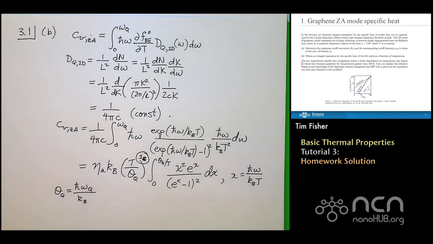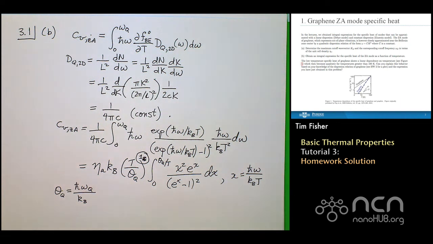But then as temperature increases, the linear modes, those are the longitudinal acoustic and the transverse acoustic modes, become populated, and so then we get to a T squared type of dependence when those branches start to dominate the energy storage behavior. So you can actually witness these different temperature dependencies in different regimes experimentally.